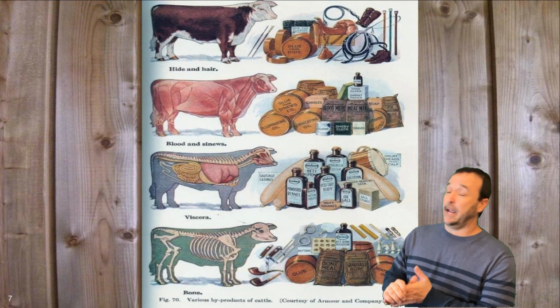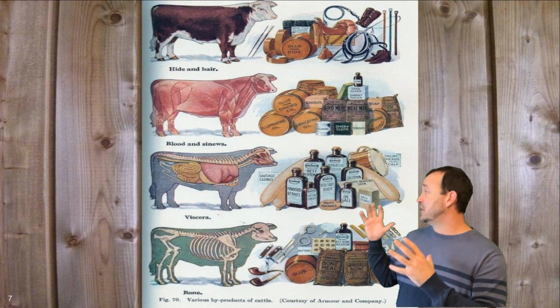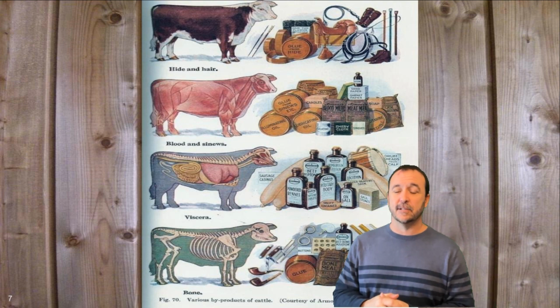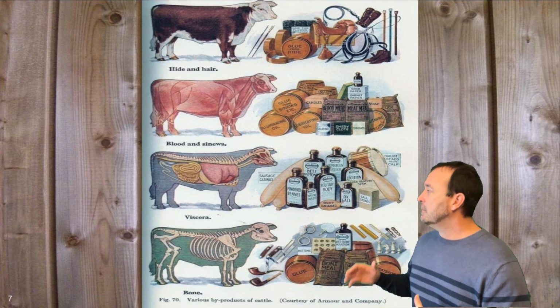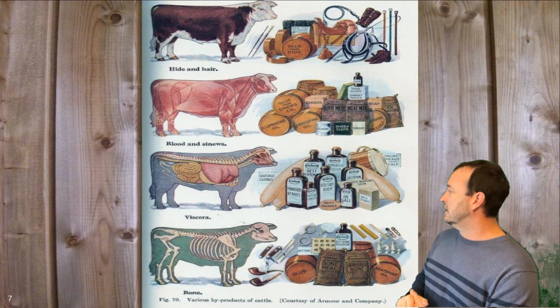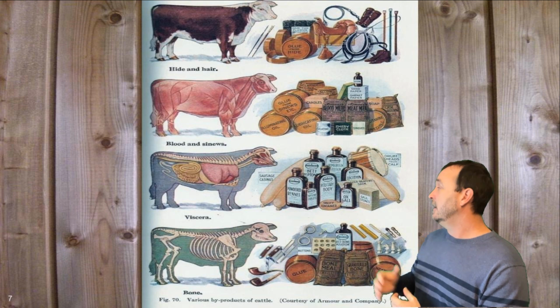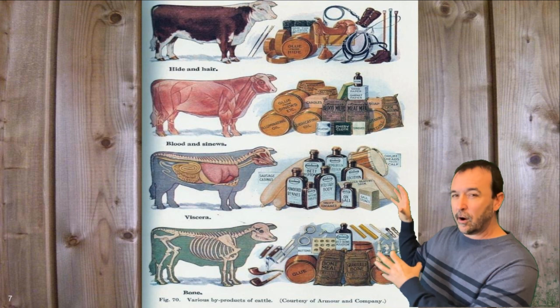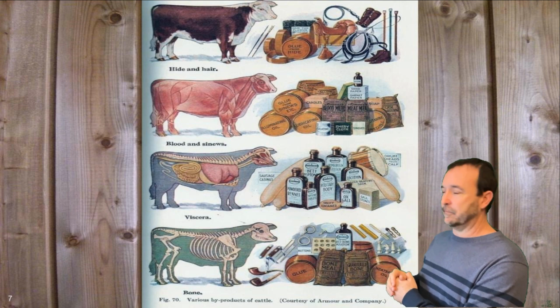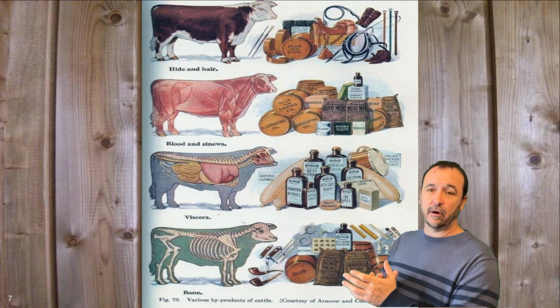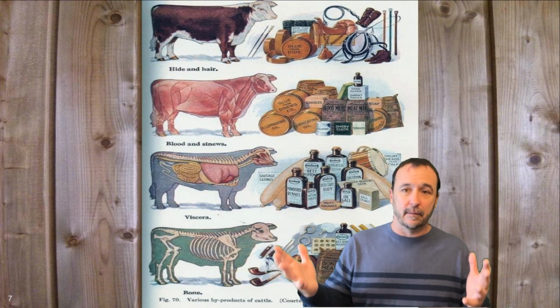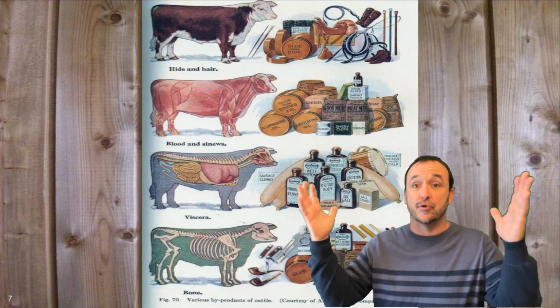Now up here is a poster that I really wish I had. Hopefully you can see this well from the slides I gave you. This shows not all, but many different products that we get from animals, and the different part of the animal that these things come from. If you are using makeup, lotions, maybe you play the drums.